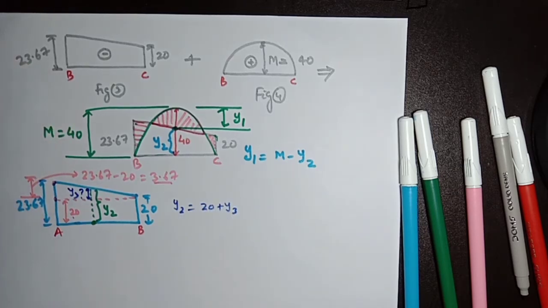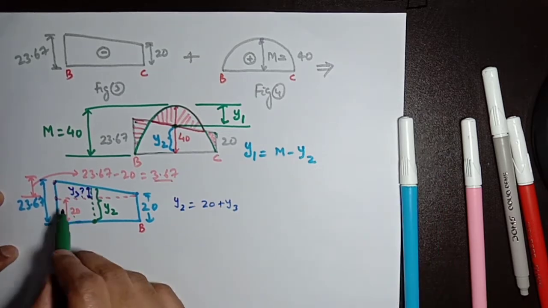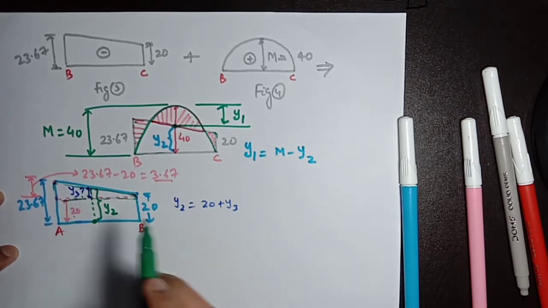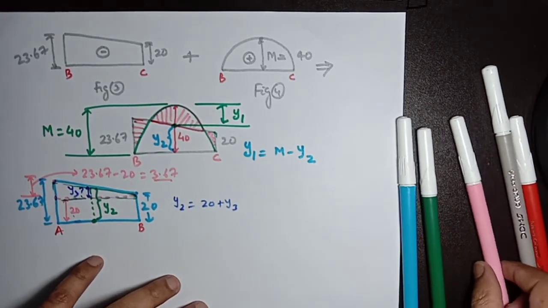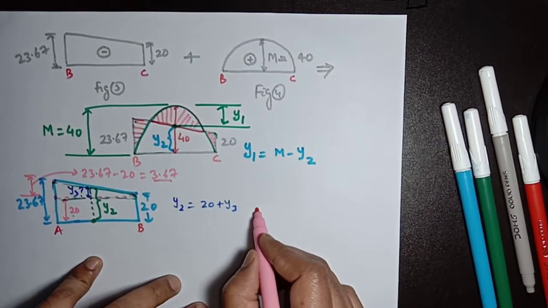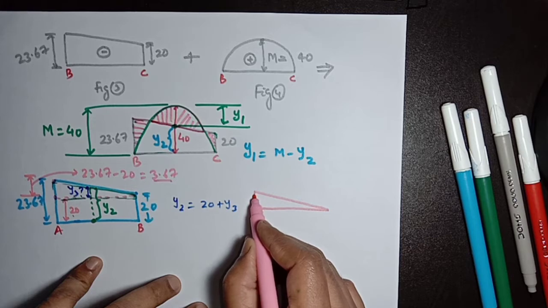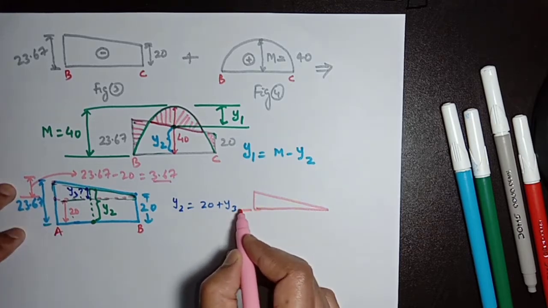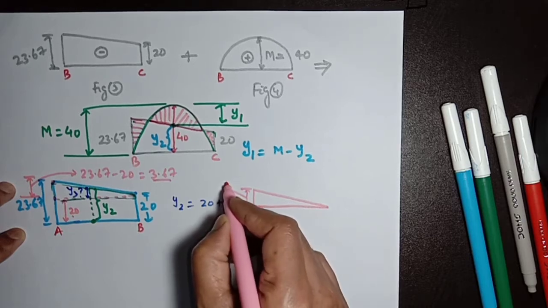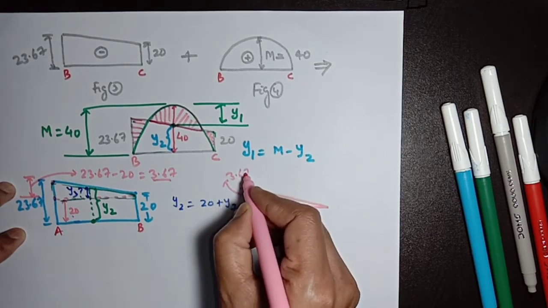Okay, now calculation of y3 is very easy. We will take this triangle for our analysis, and there will be another triangle, two triangles. Now we are separating this triangle here. The main triangle will have this value we have calculated here, 3.67.